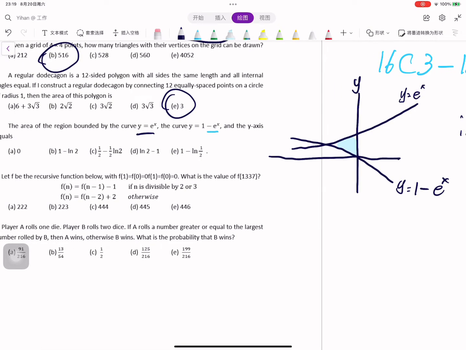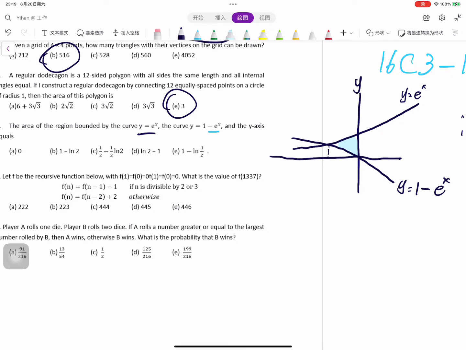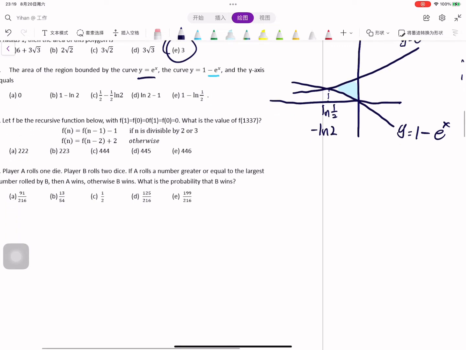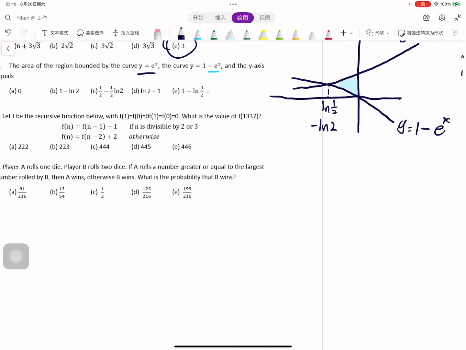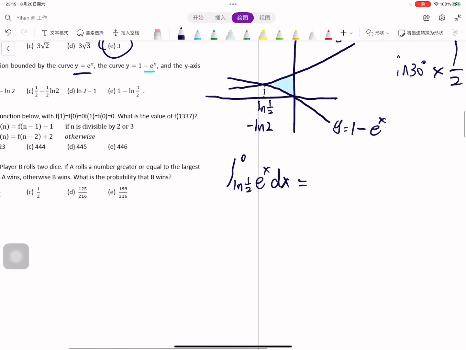And we need to use integral. We need to find this point. This point is ln 1/2, or you can write it as minus ln 2, and we can calculate like this. We first find the area of this yellow region, and the answer will be 1/2.